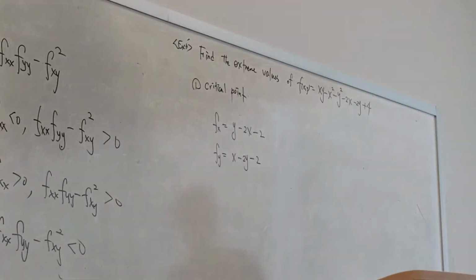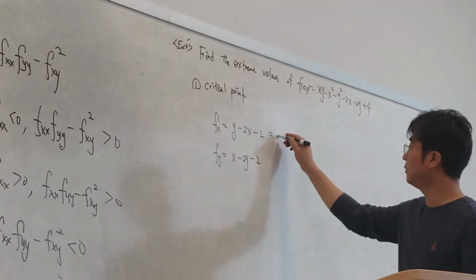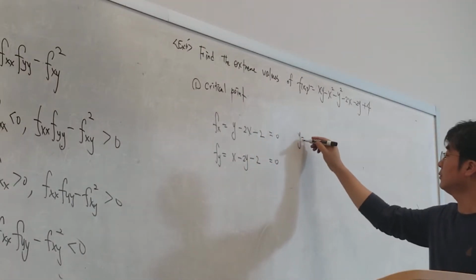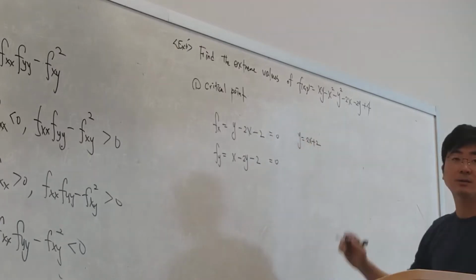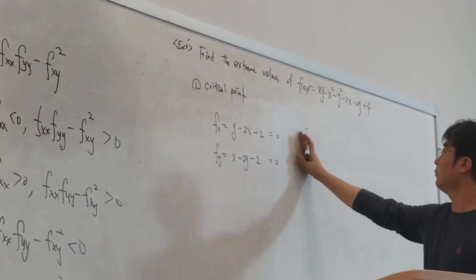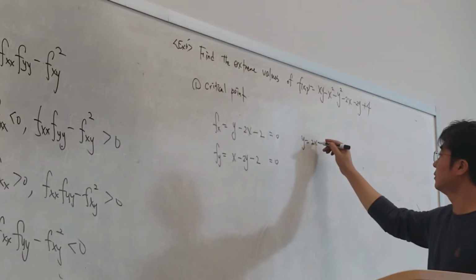So this is my partial derivative. Let's set equal to 0. What I have, y equal to 2x plus 2 from the first equation, right? Yeah, y equal to 2x plus 2.